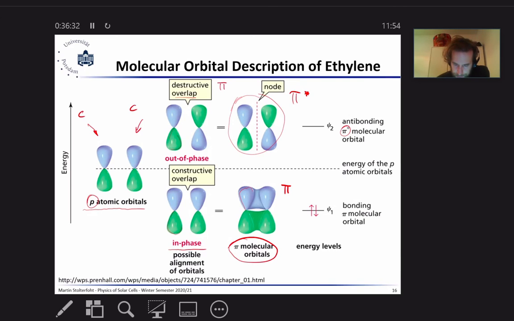And yeah, typically this one is occupied. So it's occupied by two electrons in the ground state. And this is unoccupied. But it exists. And it can be easily excited into.